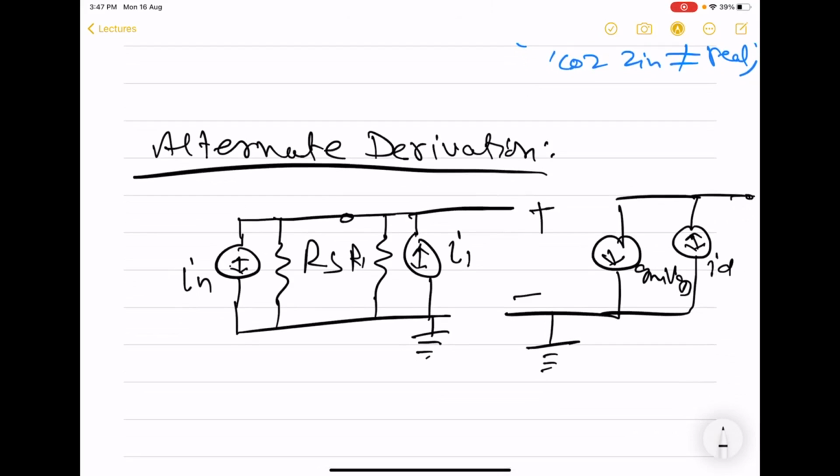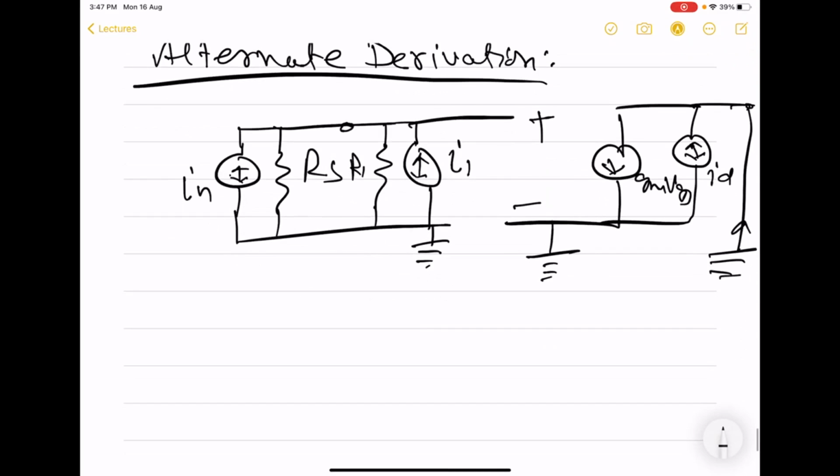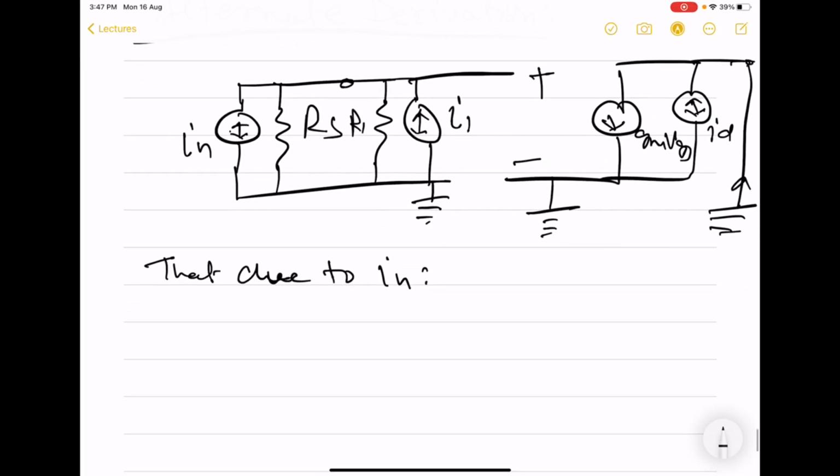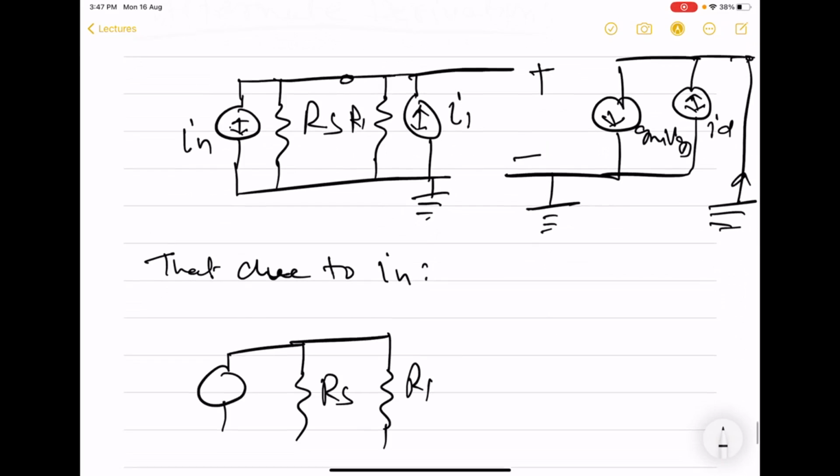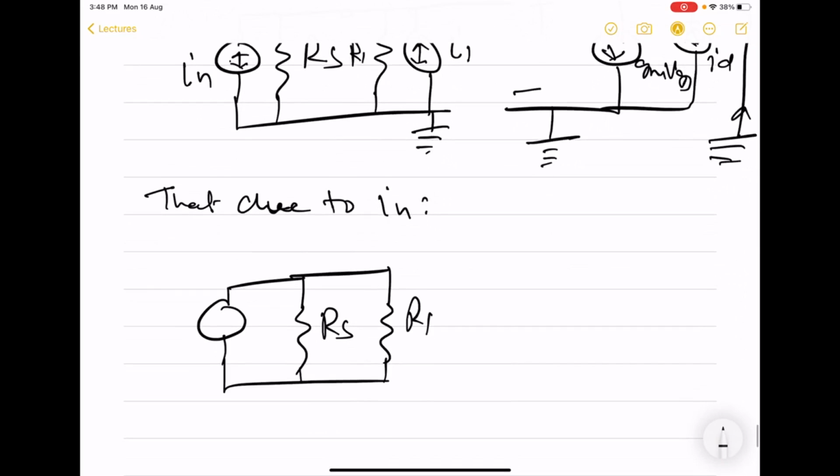So again, we have three sources, and because of each of these three sources, we have to find the short-circuited output current. When we find it due to IN, this is the circuit we have to solve, with RS and R1 both in parallel.